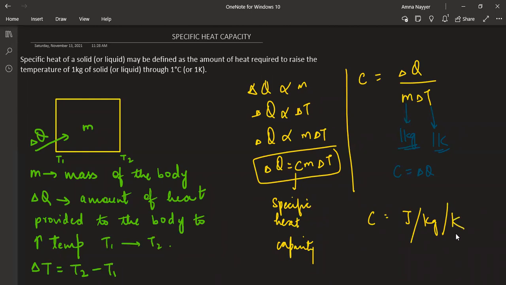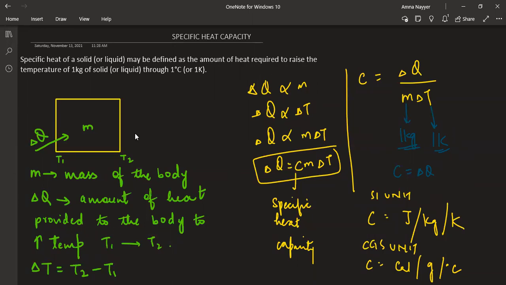So joules per kg per Kelvin. That is the SI unit of it. And if you want to write the CGS unit, just convert it. Joules will become calorie, kg will become gram, and this will become per degree Celsius.